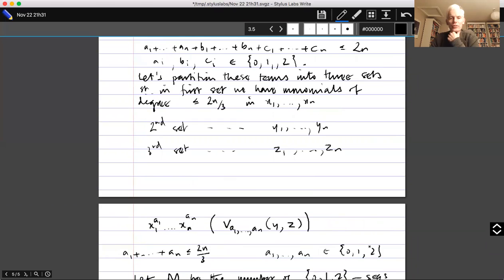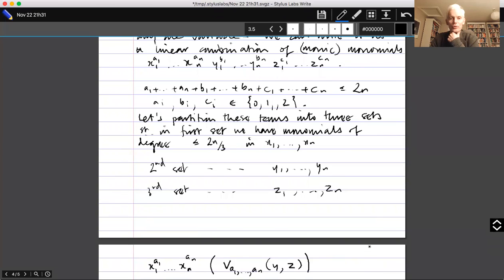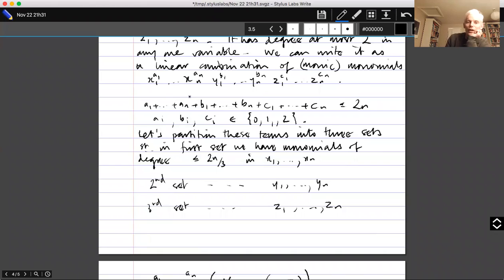Takes a little bit of getting used to that argument. I'm going to repeat it once more. Out of all these monomials which have coefficients lambda blah blah blah, a1 up to an, b1 up to bn, c1 up to cn, first of all, I select the ones where a1 up to an has the smallest sum, and I partition those according to whatever a1 up to an is, and then I put in all the possible monomials in y1 up to yn and z1 up to zn with their coefficients that go with that particular a1 up to an.